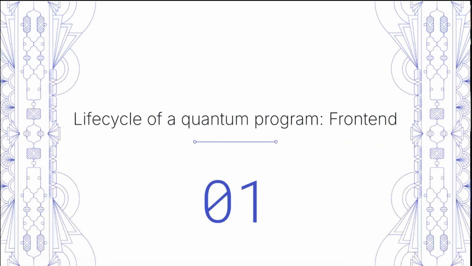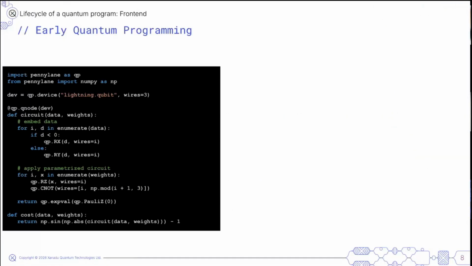All right, so this is a long-winded walk around that I'm going to come back to the start and just discuss the front end. Our front end here, as I mentioned, was PennyLane, and this is the early quantum programming paradigm. In Python, you write your instructions: I want to declare this device, I want to generate these gates, I want to do an expectation value at the end, and I want to build some cost model from the output of the quantum execution.